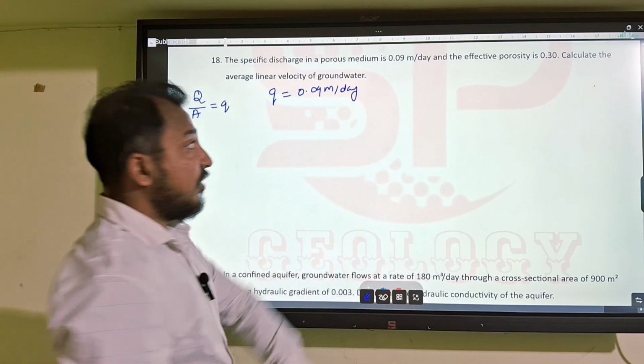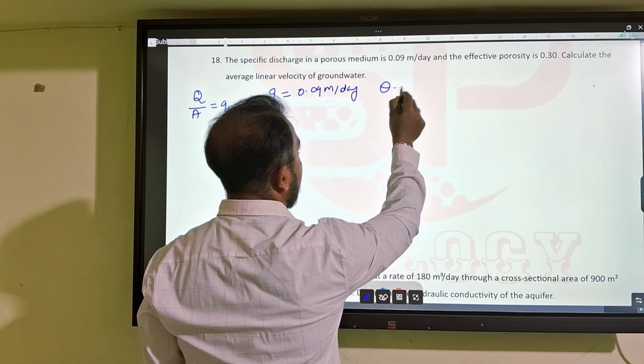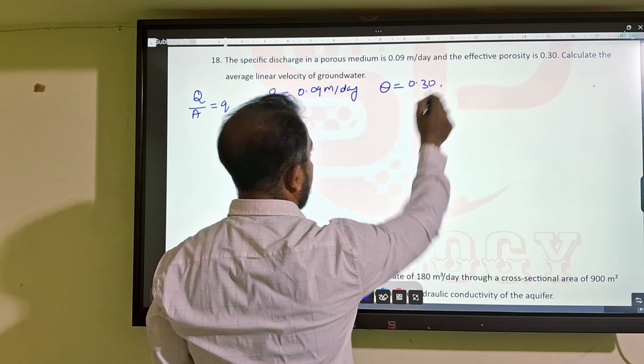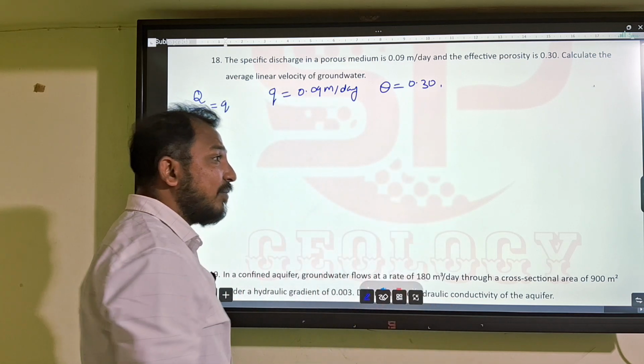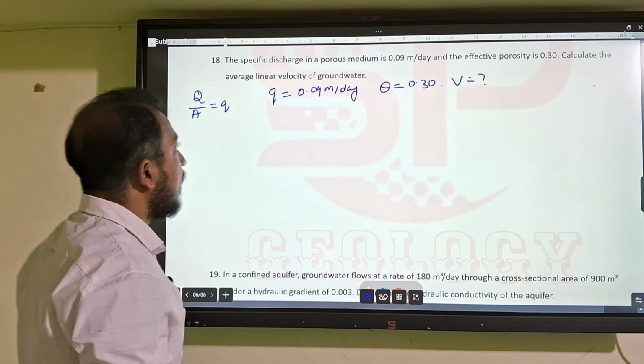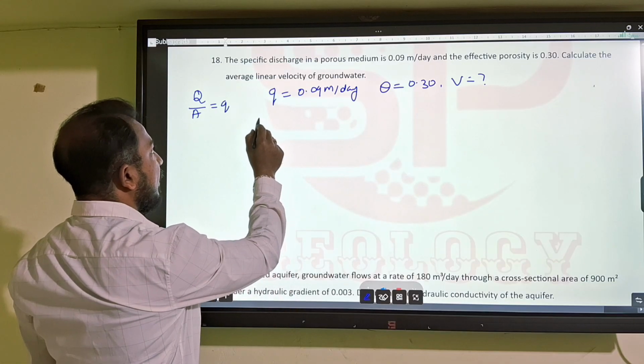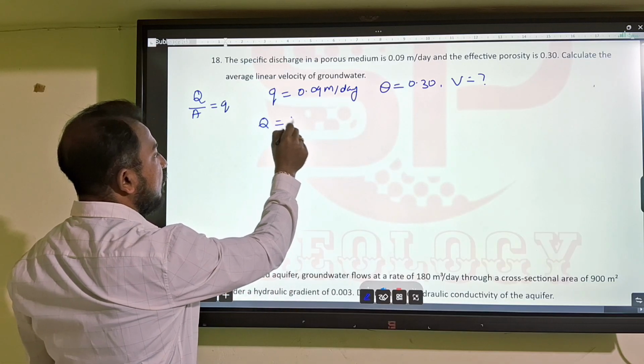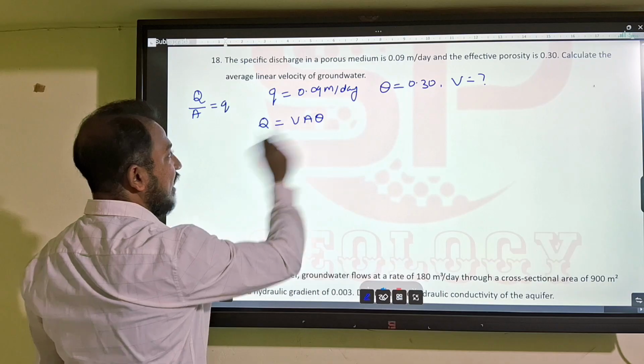Then the effective porosity theta is given 0.30. So you have to calculate the average linear velocity, that means you have to calculate V in meter per day. So we know one formula, that is discharge equal to V A theta.